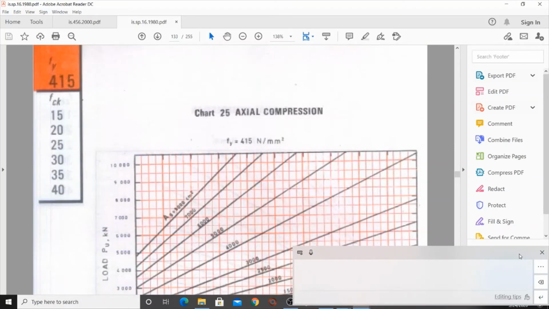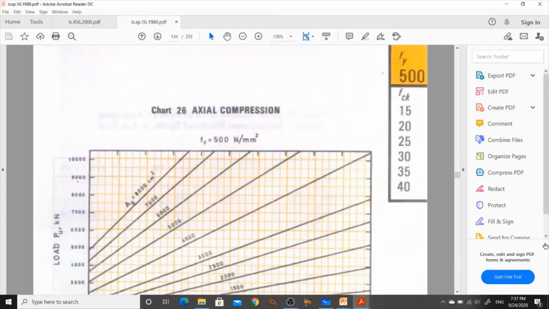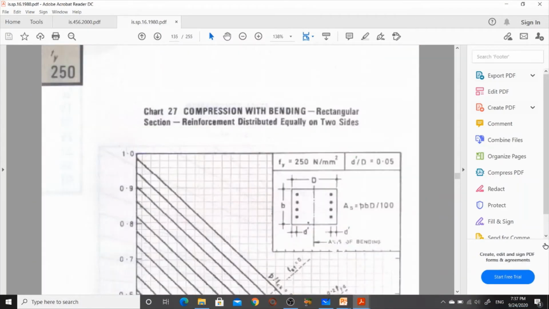Axial compression, compression with bending. Look here: compression with bending means our column has compression and also bending, and reinforcement distributed equally on two sides.